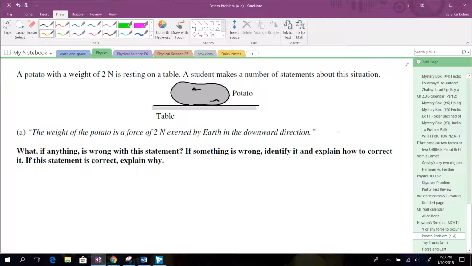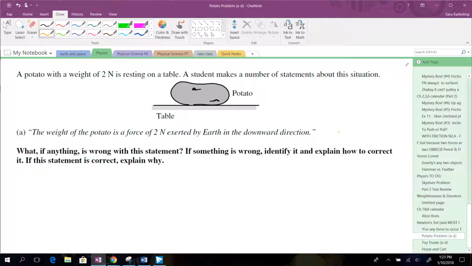I said it's incorrect. Why? Because they don't have mass. Joe, put your phone away. Earth doesn't. Oh, I said true for the first one and then false. It says the weight of the potato is a force of 2 newtons exerted by the earth in the downward direction.